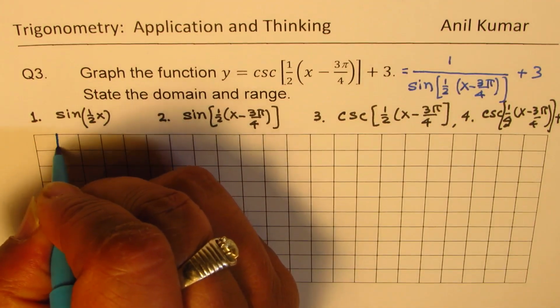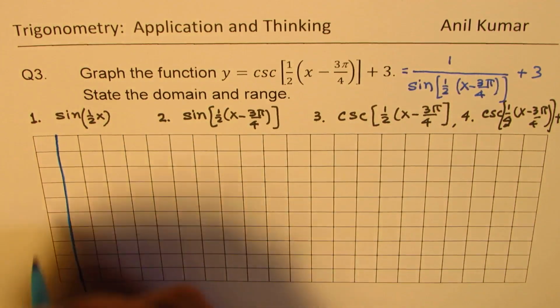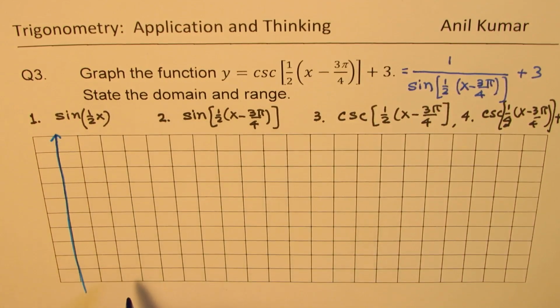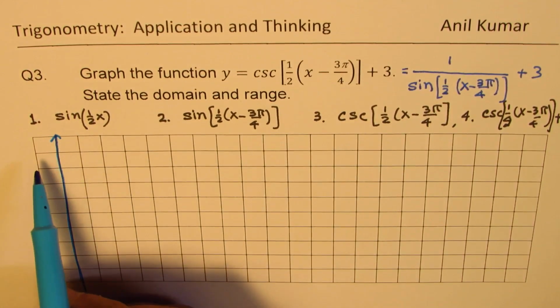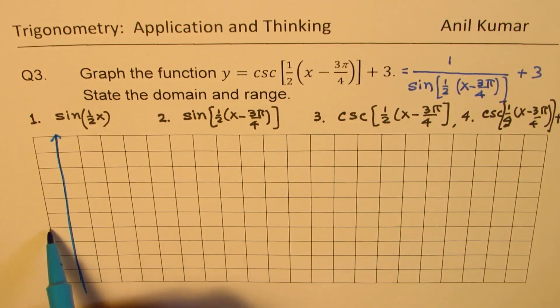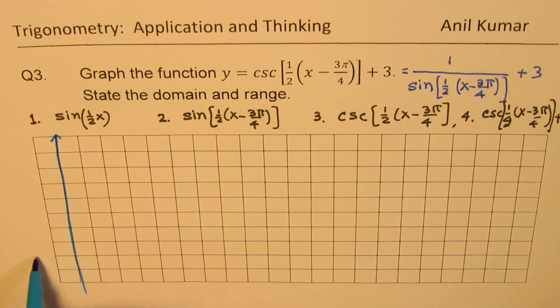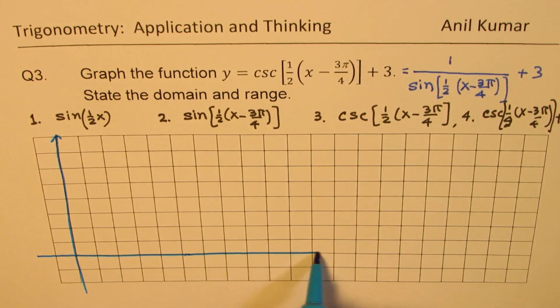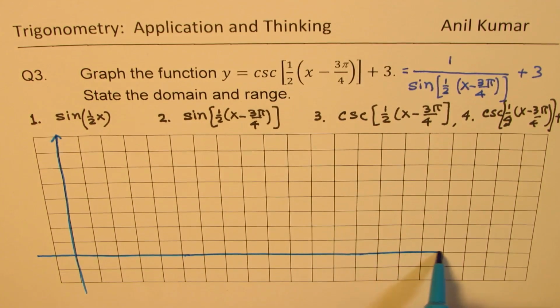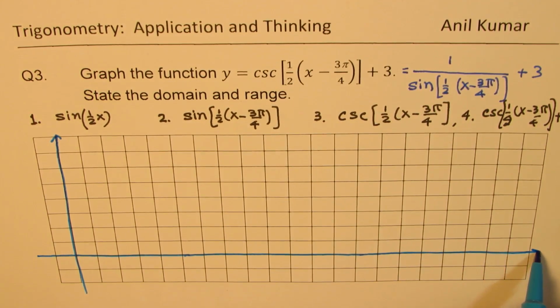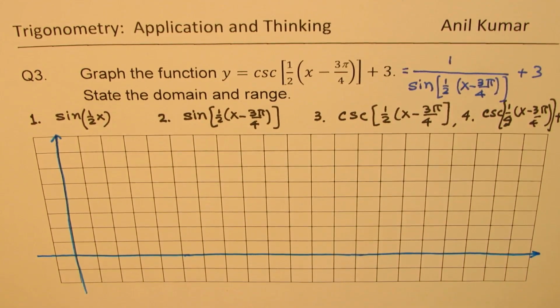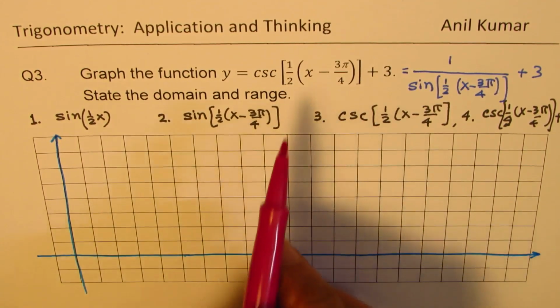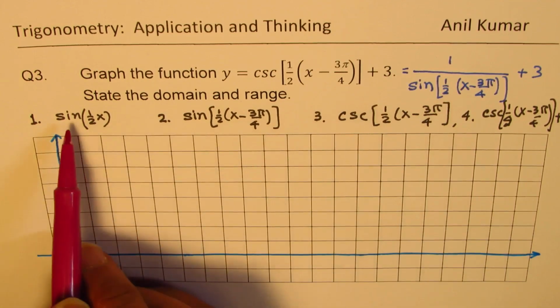Let's say this is our y-axis. And how many units do we have? 1, 2, 3, I could take 4. Okay, so we'll take this as our x-axis. First step, of course, is we have sine of half x.